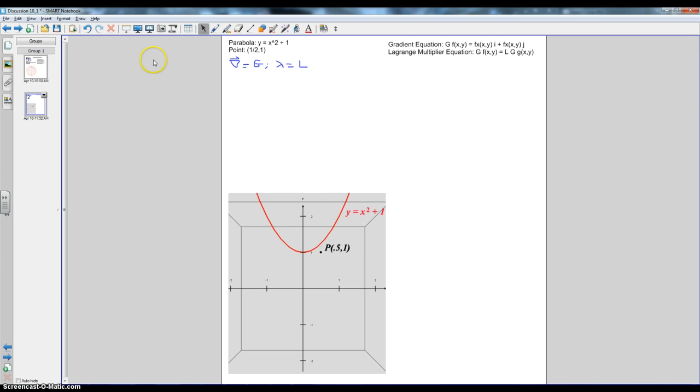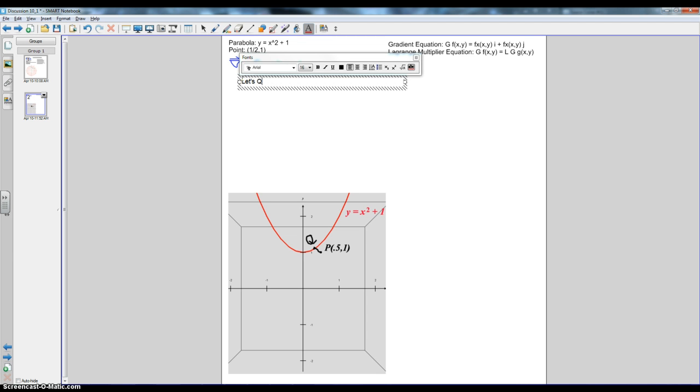We need to find the point Q on the curve so that PQ is minimum. So let's write down.